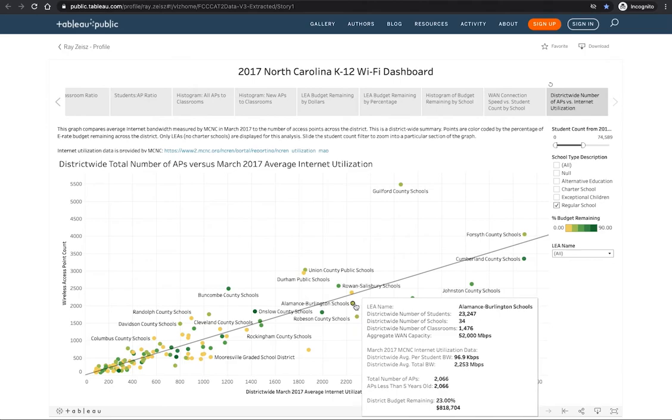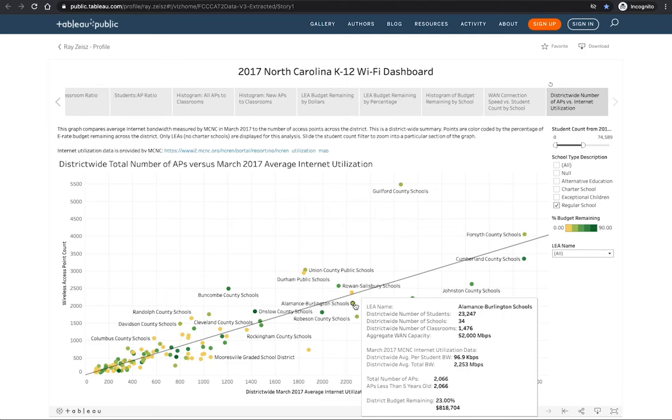Alamance, again, I always like to use Alamance. That's just right in the middle of the state and usually perfectly in line with what we would expect. There they are, right on the trend line. So you can see the average student usage. This is 2017 again, 96 kilobits per student. And then the aggregate WAN capacity is 52 gigabits.